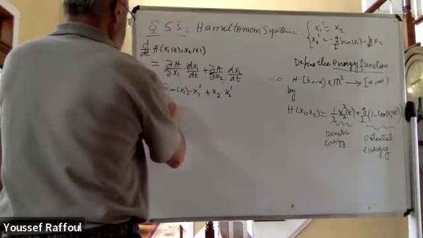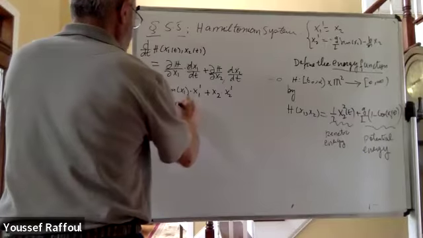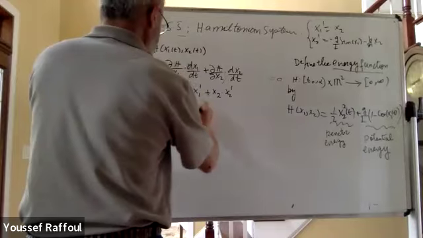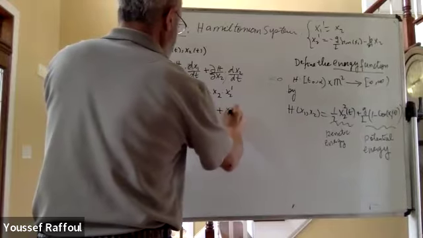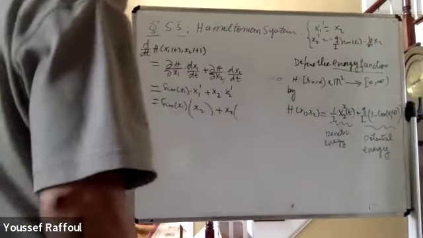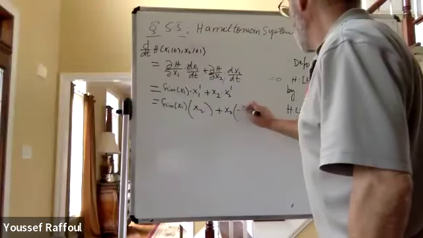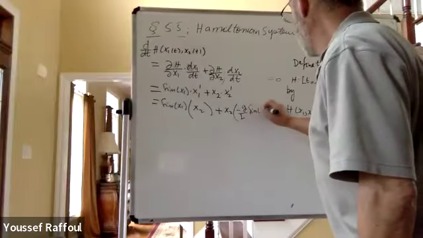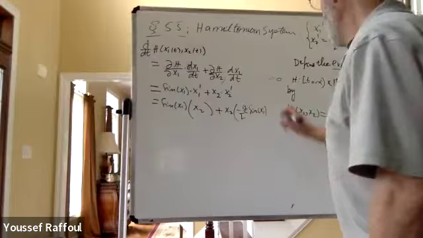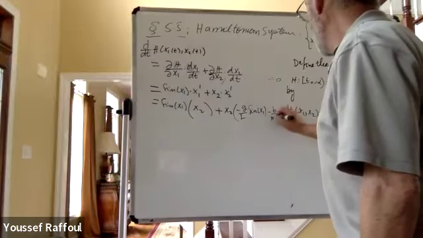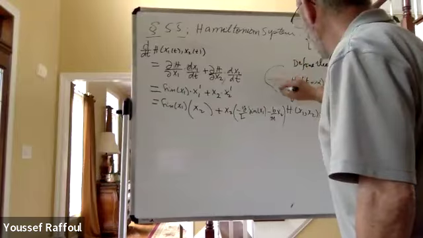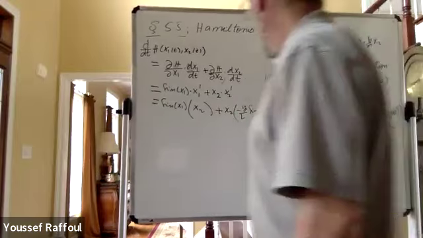So this is g over L sine of x1 times x2, plus x2 times x2 prime, that is minus g over L sine x1 minus b over m x2. Okay?